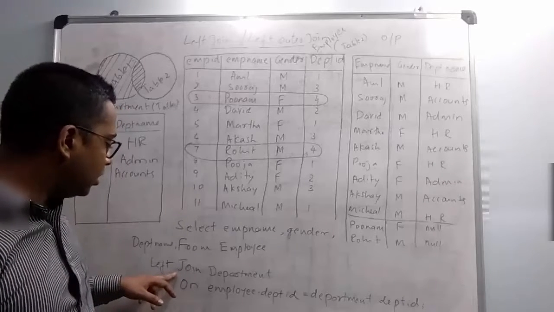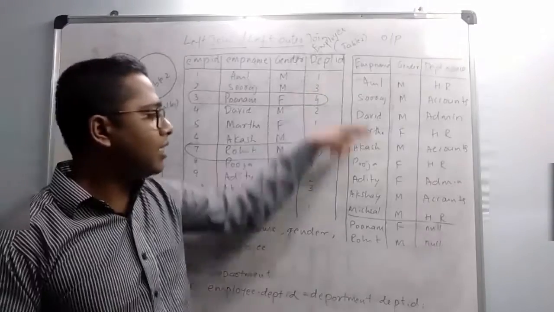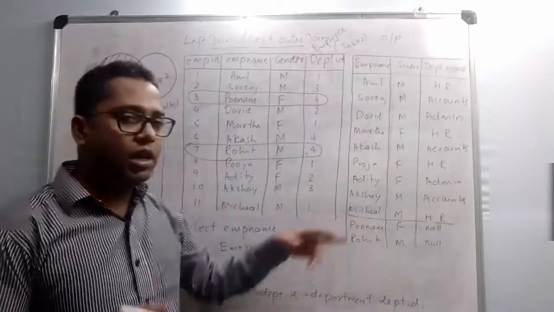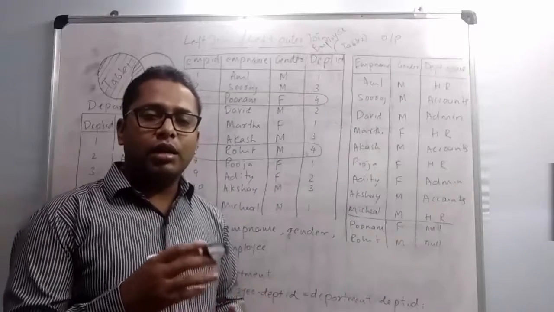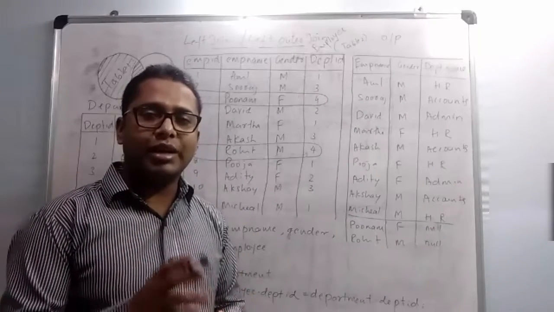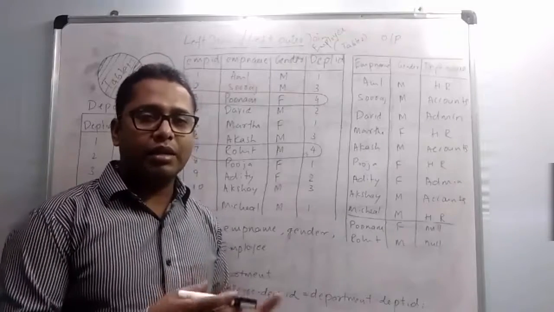Now when I use the left join as the type of join, I will get the result like this. It will return all the records from the left table and only the matched records from the right table, as I discussed while explaining the left join.